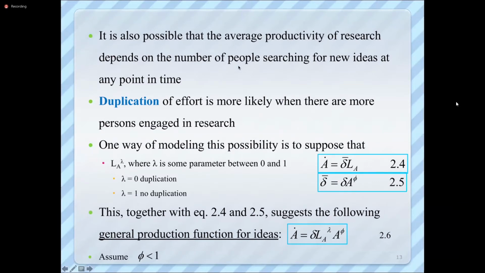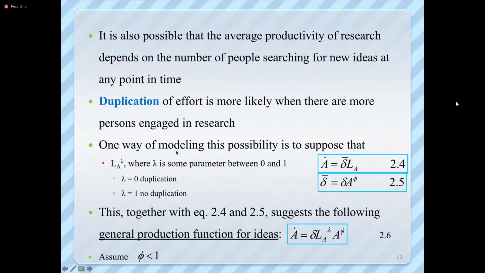Then, it is also possible that the average productivity of research depends on the number of people researching new ideas at one point in time. What we call duplication. You may have 100 people doing research, but if all these 100 happen to be researching the same topic, we call this duplication, right?